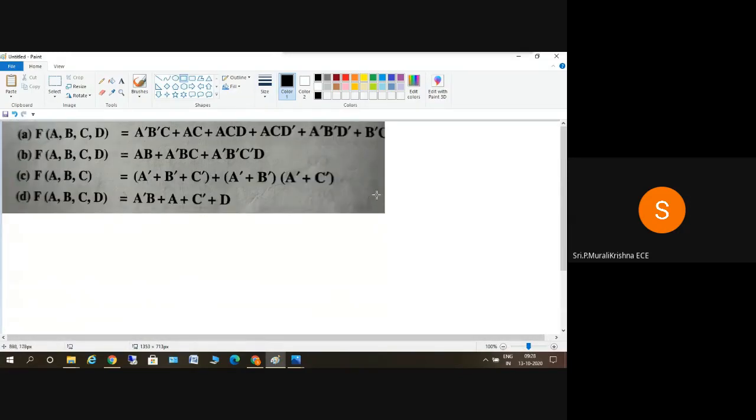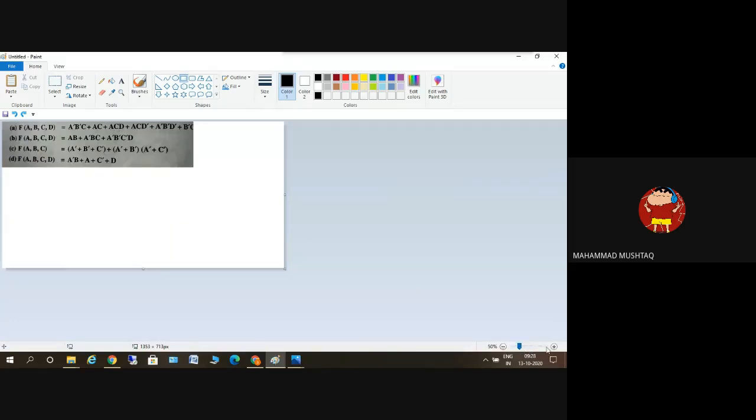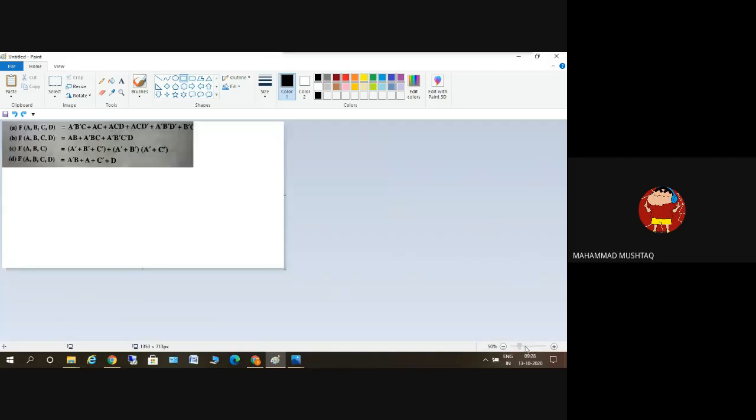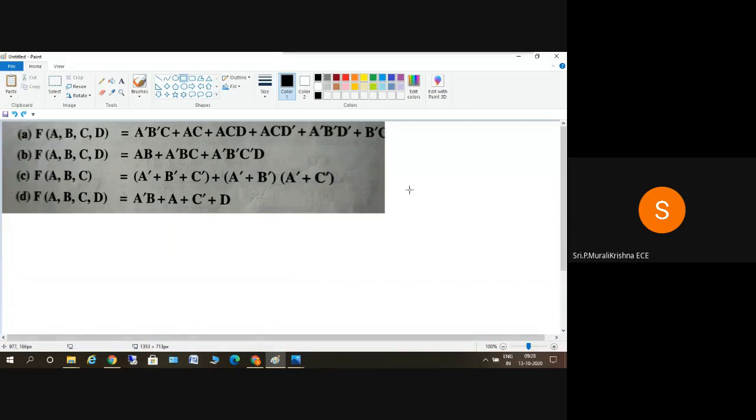So wait a minute. Fine. Yeah, so solve this first one. I'll reduce the zoom a little, tell me if it is visible. Okay, sir. So no problem with this zoom, we'll check the first one here.